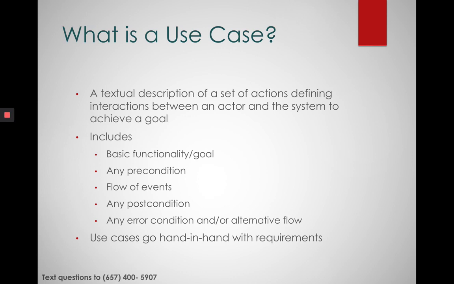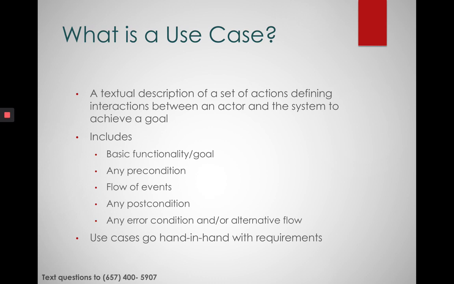A use case will include these things: some basic functionality goal like I just mentioned, any kind of precondition like maybe the user has to be logged in ahead of time or they have to have something installed, anything that's necessary for them to complete that use case. And then a complete and meaningful flow of events, sort of like the interchange or exchange of data between the actor and the system to accomplish that goal.